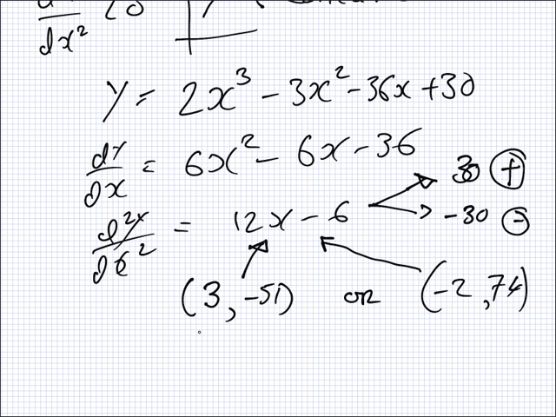So what shape is the graph here if it's a positive second derivative? We said convex. And what shape is the graph here if it's a negative second derivative? Concave. Now, if the graph is convex, then what type of point is this representing? Maximum. And this one here? Minimum.